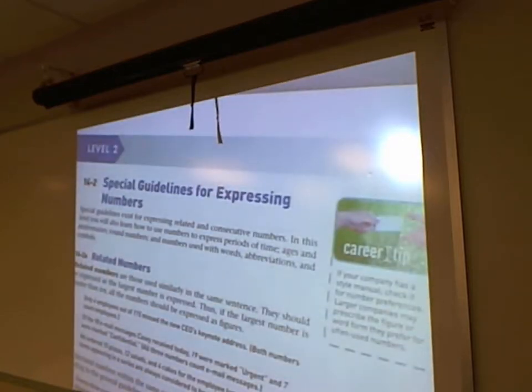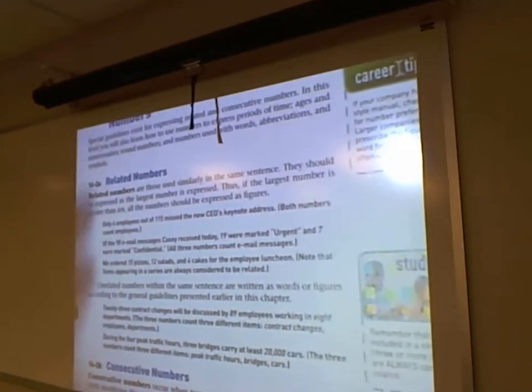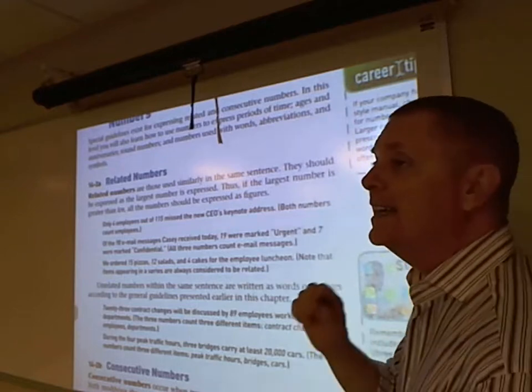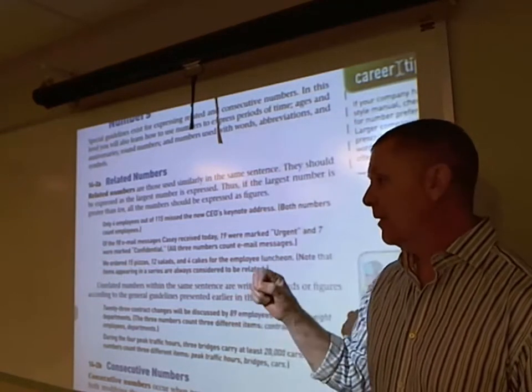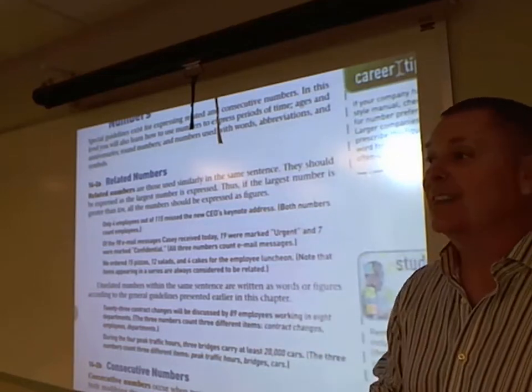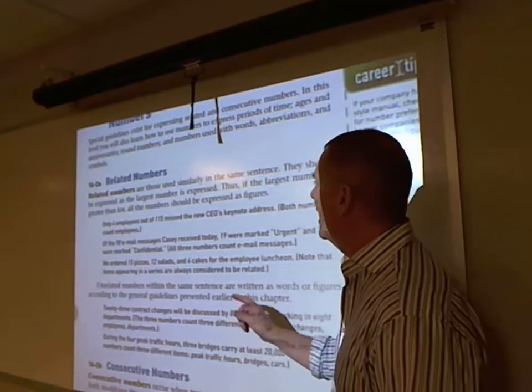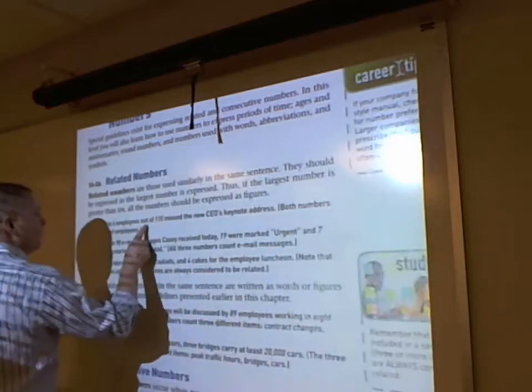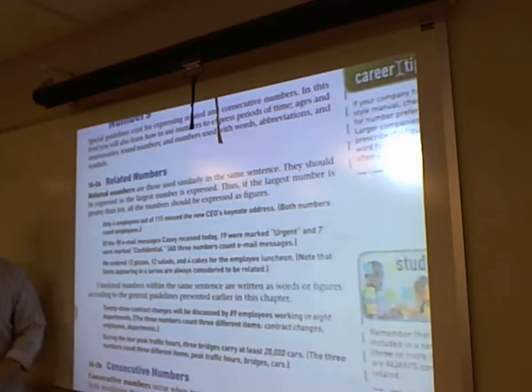Okay, again, the general rule: 1 to 10 is a word, 11 and greater is a figure, unless it's a related number that we looked at in the pretest. Remember that example? Only 4 employees out of 115 missed the new CEO's keynote address. 115 is clearly the one number that we're relating this to, and it's above 10, so it's a figure.